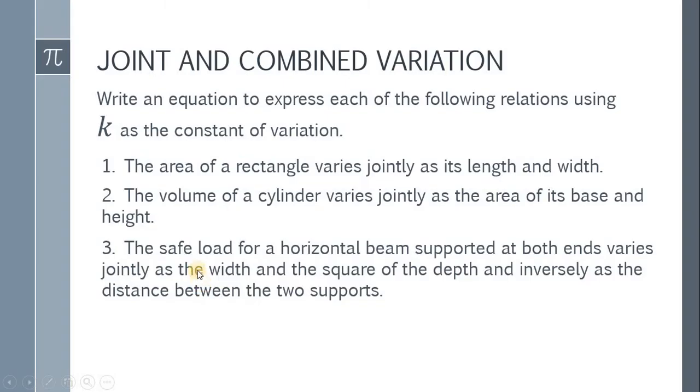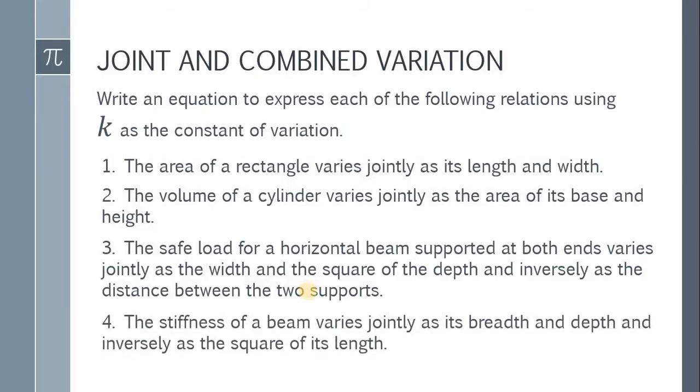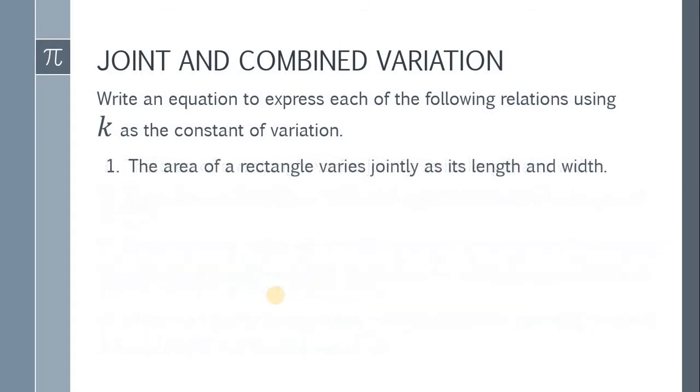Number 3, the shape load for a horizontal beam supported at both ends varies jointly as the width and the square of the depth and inversely as the distance between the two supports. Number 4, the stiffness of a beam varies jointly as its breadth and depth and inversely as the square of its length.